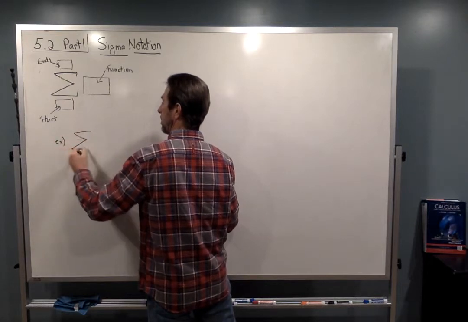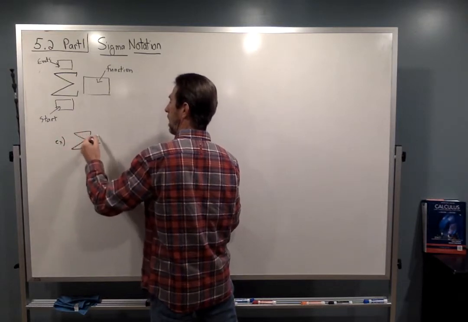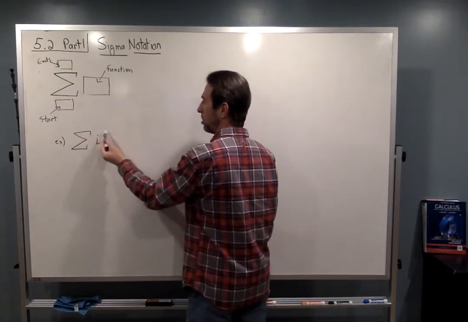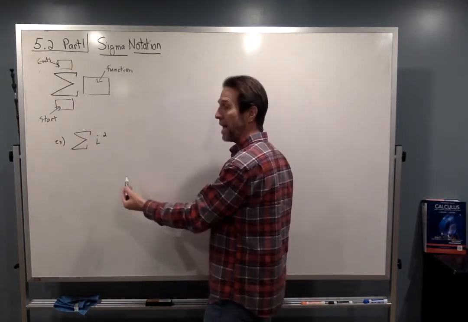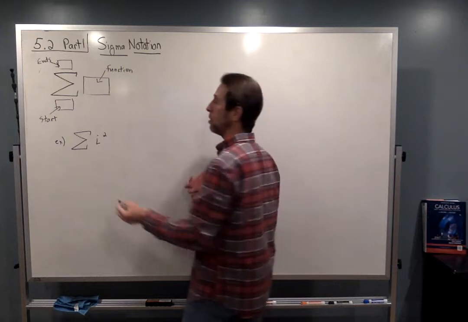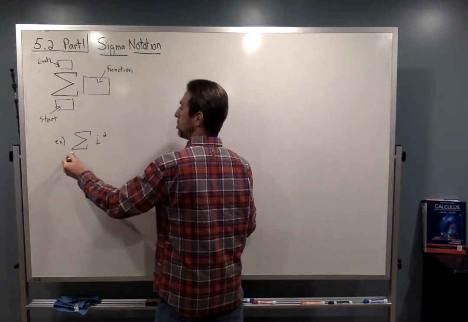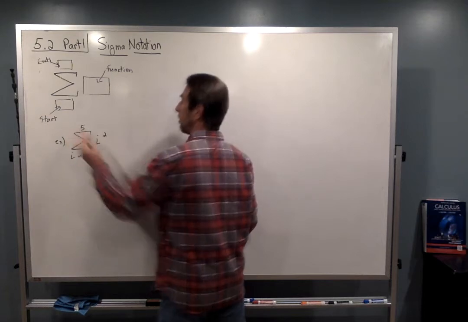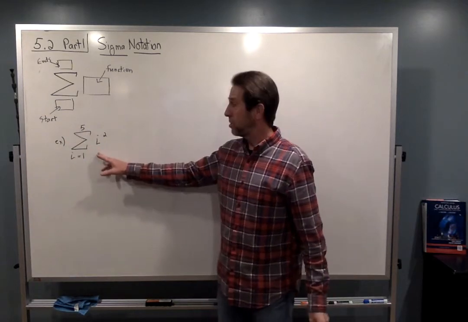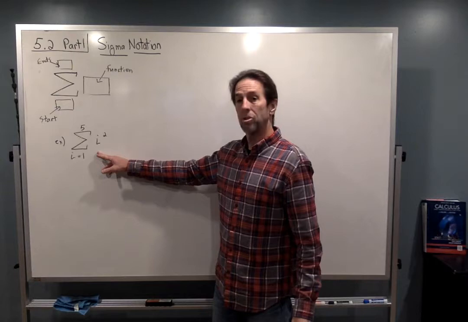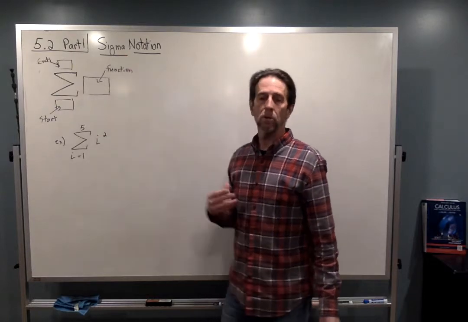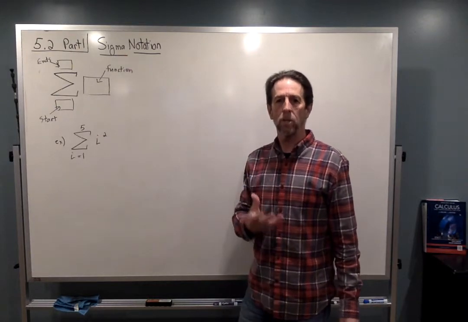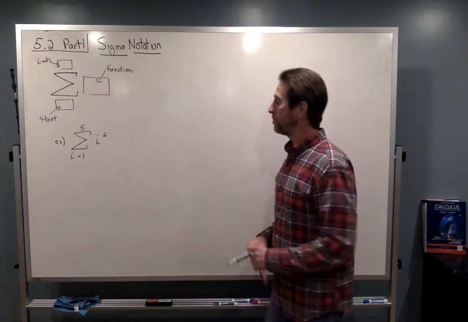We have the sigma of i squared. Now this function could be in terms of x, it could be in terms of n, it could be in terms of any variable. We sometimes use i because we can consider this to be an index. So this sigma notation means sum. Rather than sigma notation, many people refer to it as summation notation. Nice little ring to it.